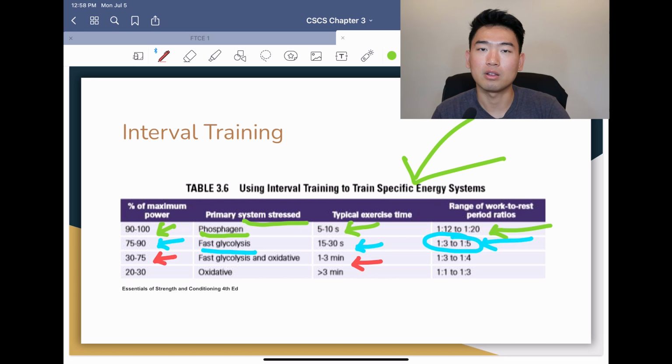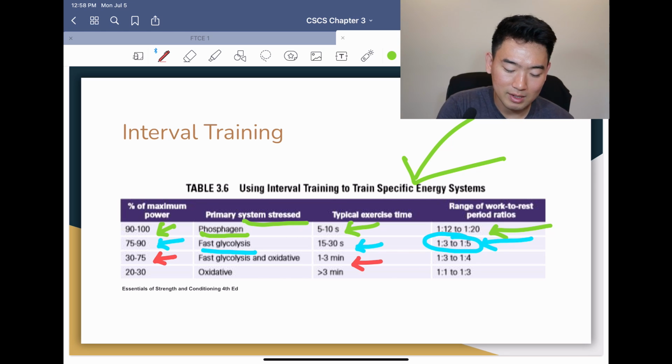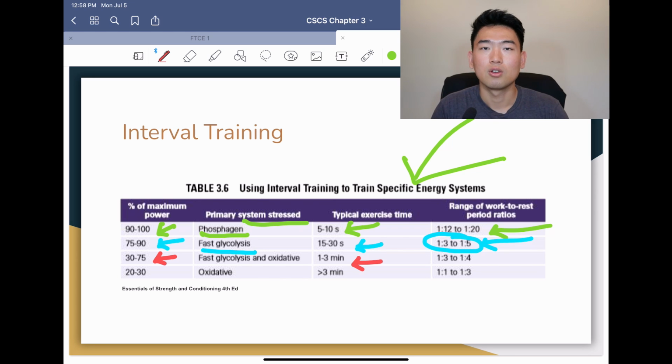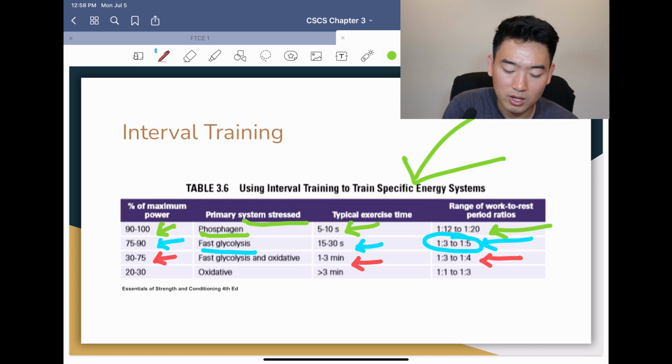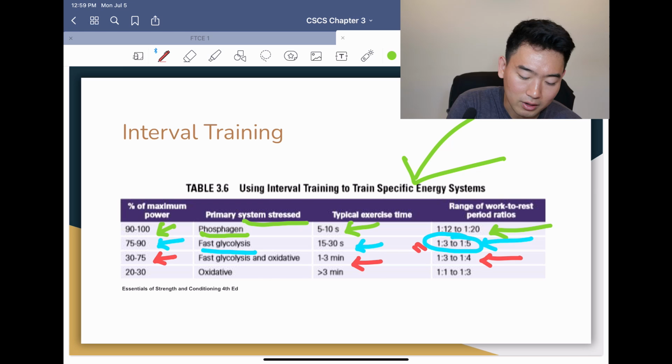This isn't necessarily bringing the ball up the field, but we're passing the ball around the back, just to see if there's any openings, right? And so this lasts about 1 to 3 minutes, and so the work to rest ratio is going to be a little lower because we didn't work as intensively as we did earlier. We don't really deserve that much break, and so the work to rest ratio here is 1 to 3 to 1 to 4, which is pretty close to fast glycolysis, right?